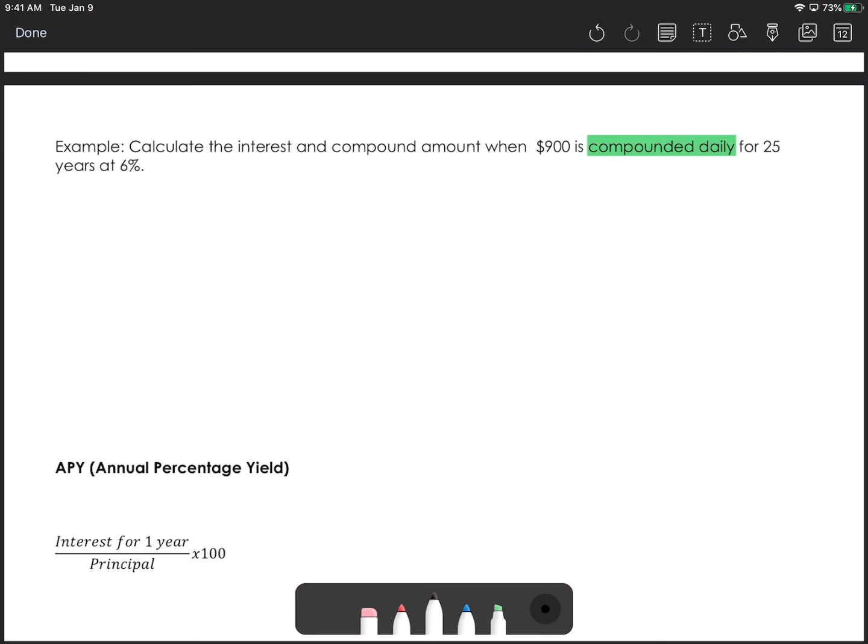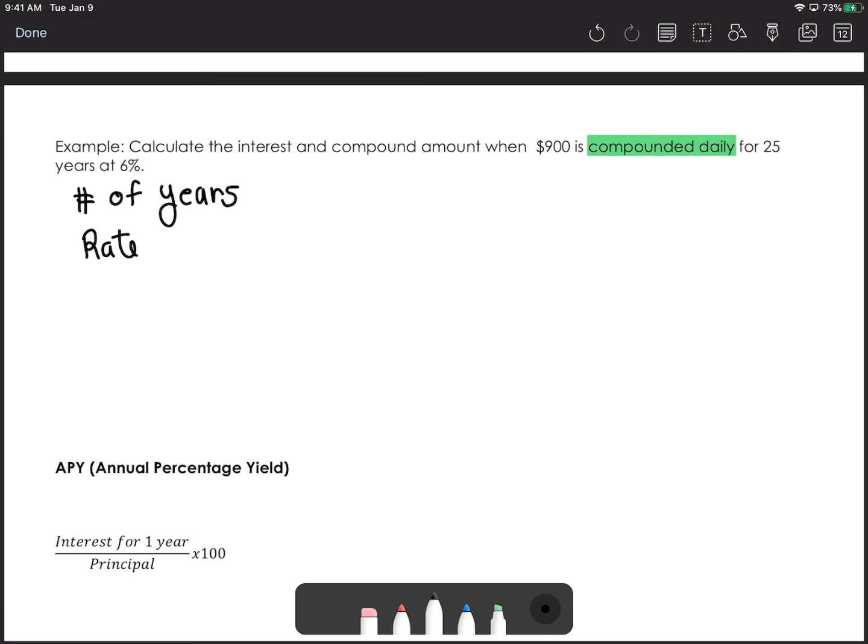Now, when it's compounded daily and you need to use the daily table, all you need to know is the number of years, and the rate.